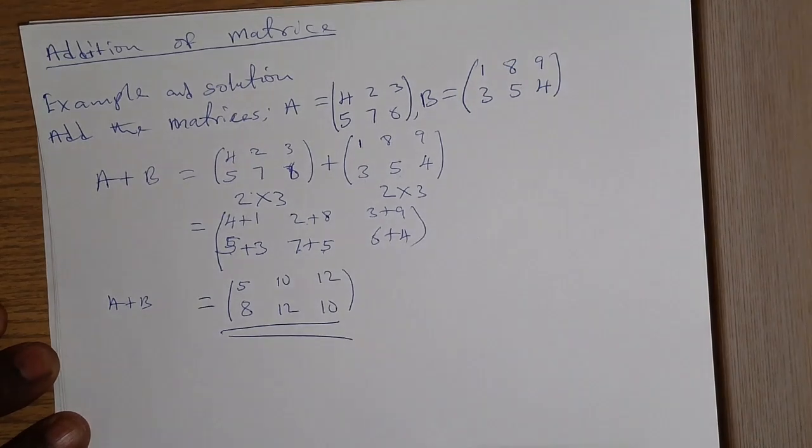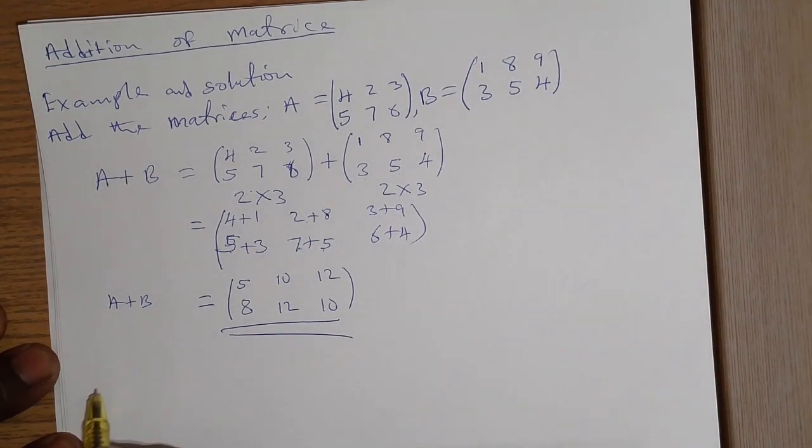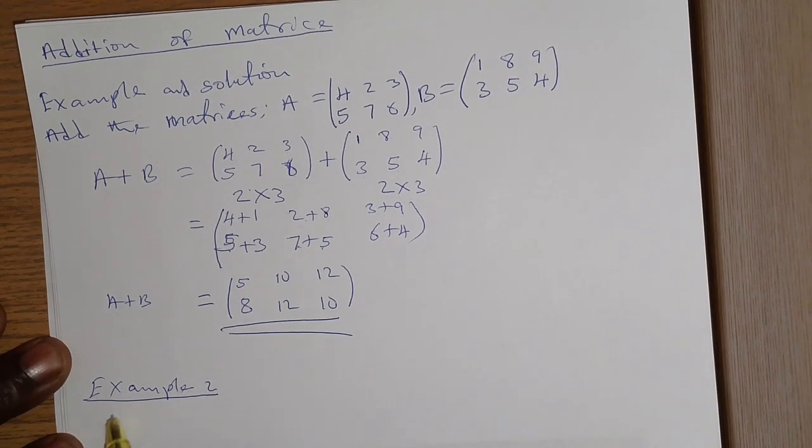I would like to take addition of matrices using a 3 by 3 matrix. Let's take a second example under addition. We have given two matrices of same order, this time a square matrix.